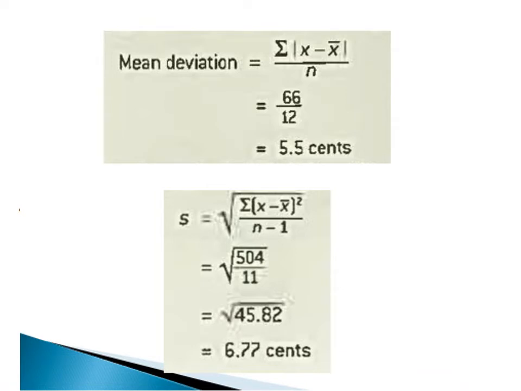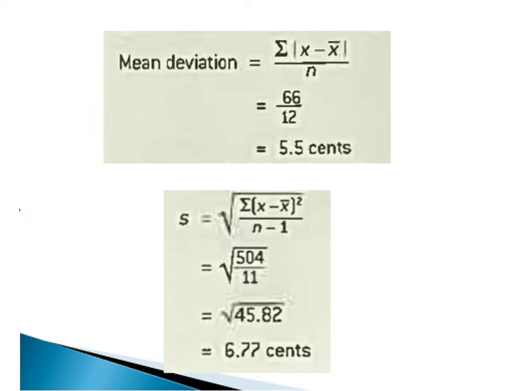First we go for the mean deviation. As you know, sigma x minus x bar we have already received as 66, divided by 12 is 5.5 cents. And now we go for the standard deviation: the square root of sigma (x minus x bar) squared, which we have calculated as 504, over n minus 1.